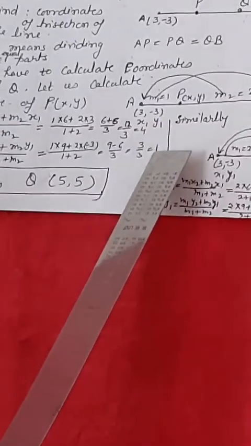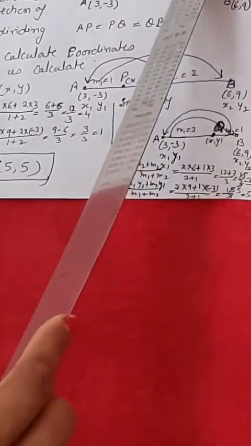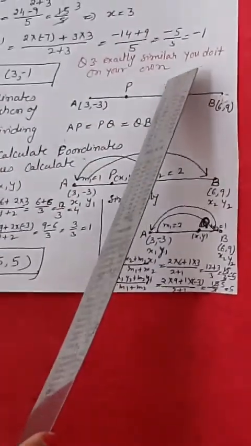Same way y equals (M1 y2 plus M2 y1) upon (M1 plus M2). Substitute the values and you will get here, after simplifying, 1. So the coordinate of P we got is (4, 1).